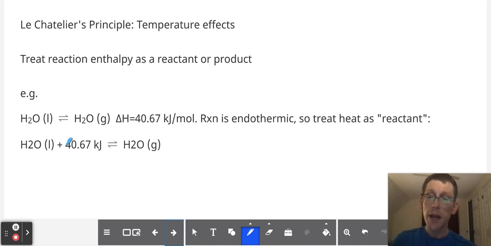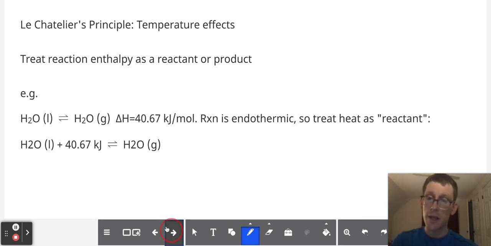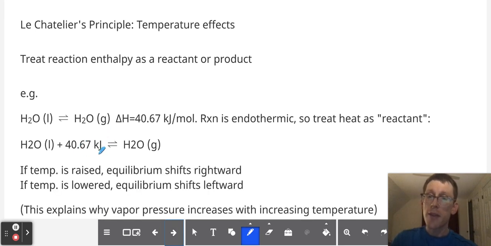So we can look at it like water in the liquid state plus 40.67 kilojoules per mole gives us water in the gaseous phase. And with that in mind, if we were to increase the temperature, it's kind of like increasing this input of energy at the beginning. And so if we raise the temperature, that will drive the reaction forward.